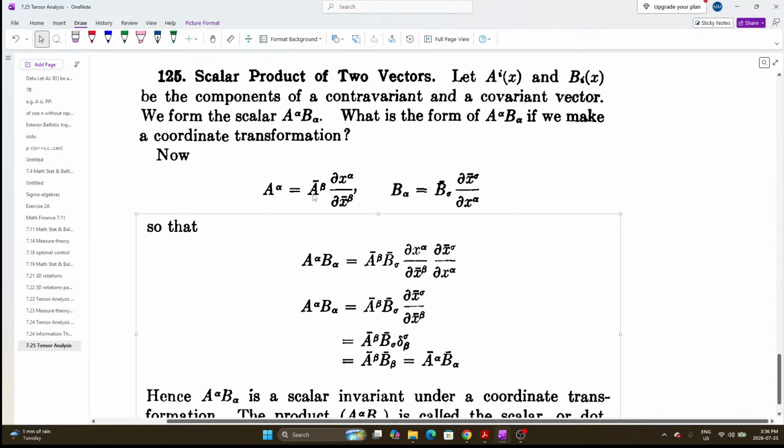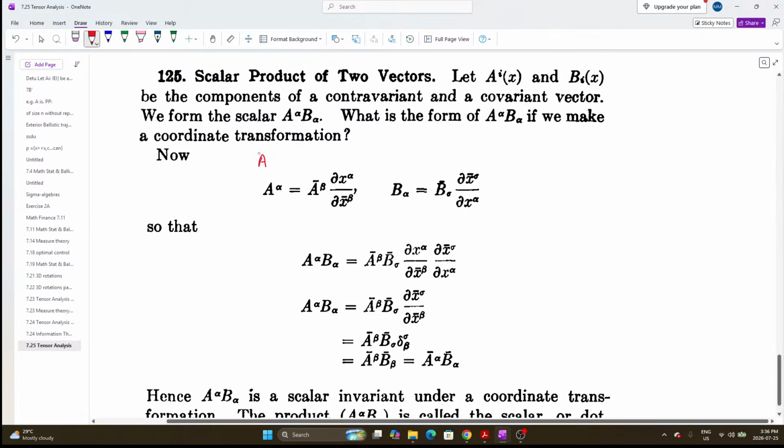Here the new one is on the right. So I was confused. Why do you use the backward Jacobian, the inverse Jacobian? This is because you change the order. Either way, now the old A^α is the new A^β times the inverse Jacobian. This is the same as the contravariant transformation law.